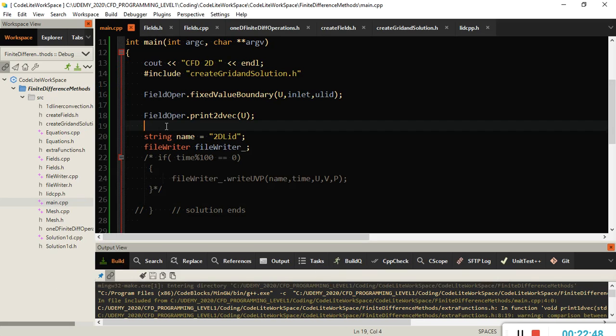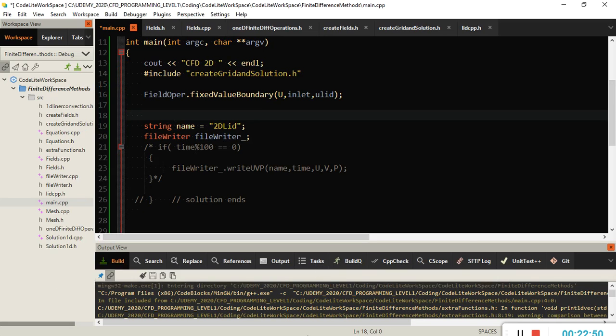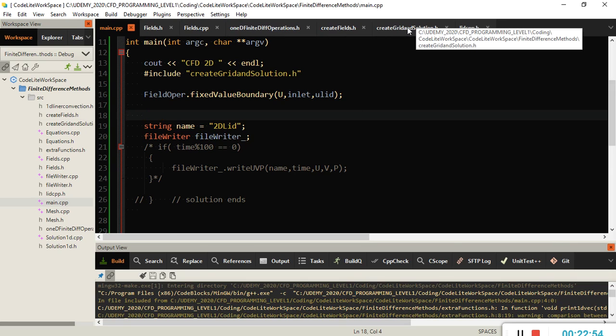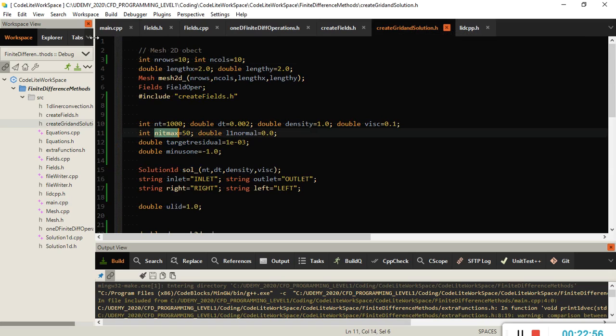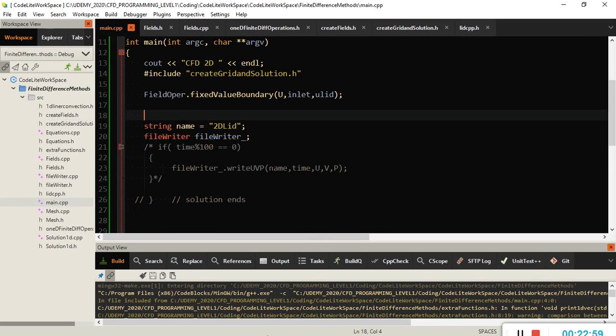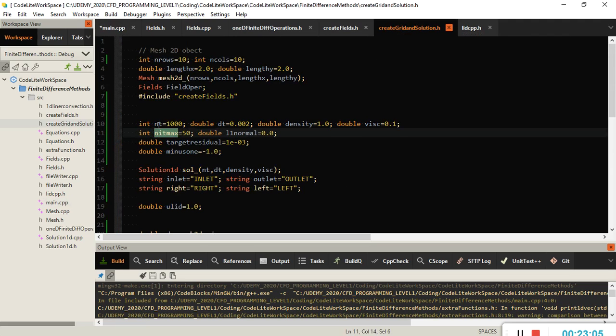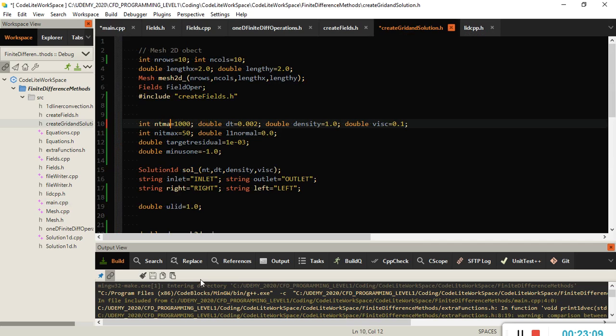So next, let's create the time loop. Basically, since we have declared some variables here, we can use that. So for nt, this should be nt max, it's the maximum time steps it can run.